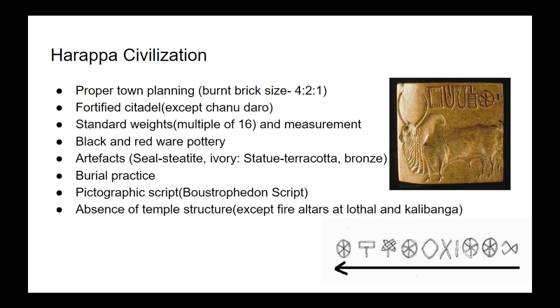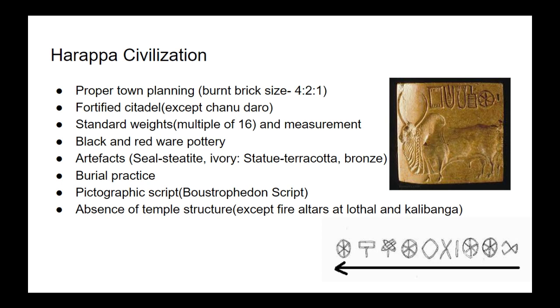And in Harappan civilization, burial practice was prevalent, and the script of Harappan civilization was pictographic script or Boustrophedon script, as shown in the right figure. In the seal you will find Boustrophedon script. In Boustrophedon script we read from right to left, not from left to right.